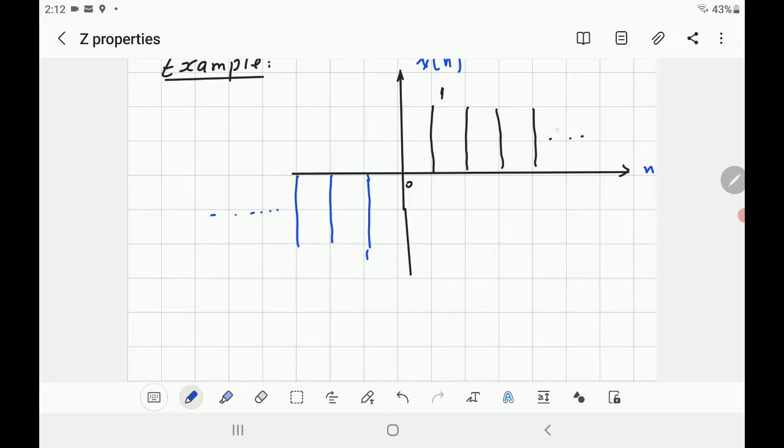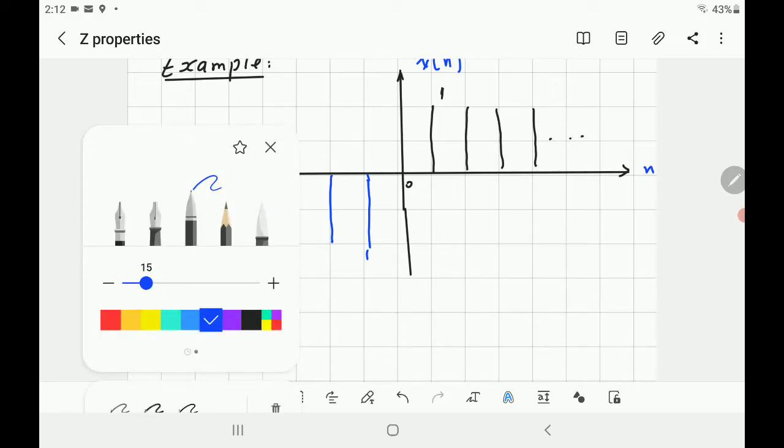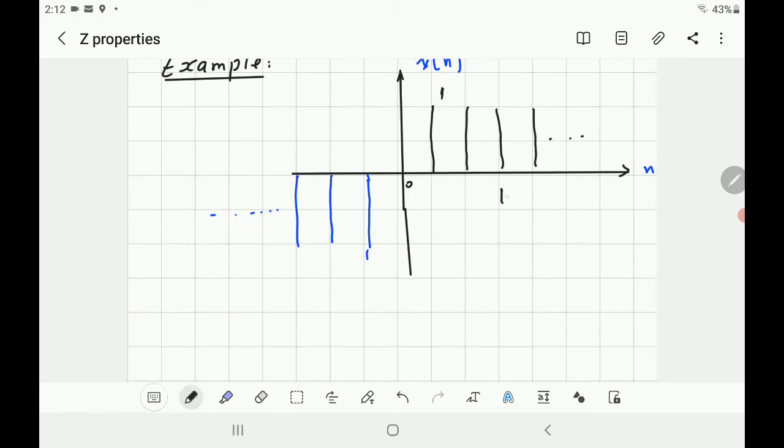Well, we know the one on the right hand side, it's a unit step, defined as u of n, and we know its z-transform. It's equal to 1 over 1 minus z to the power minus 1. We proved that last lecture, and there is also a table in the handout.